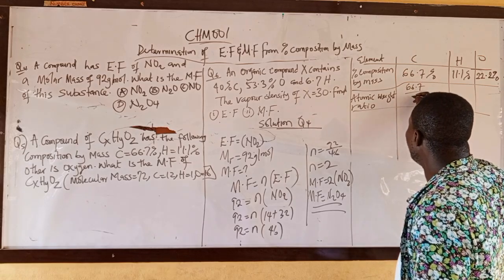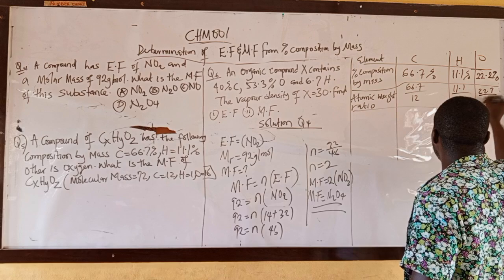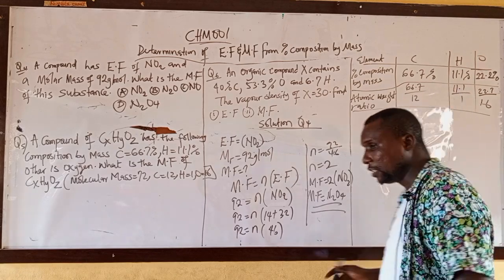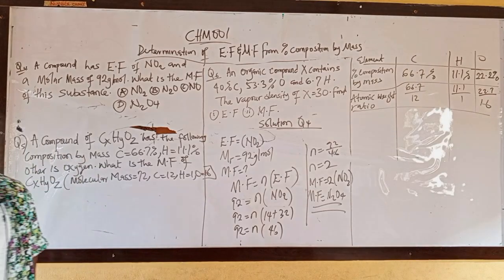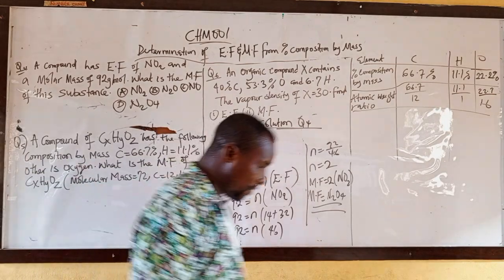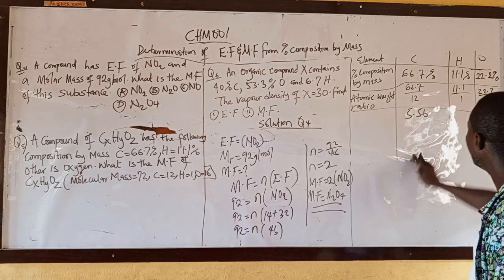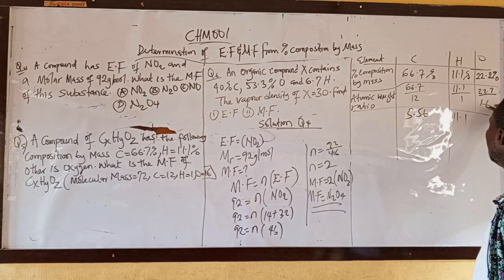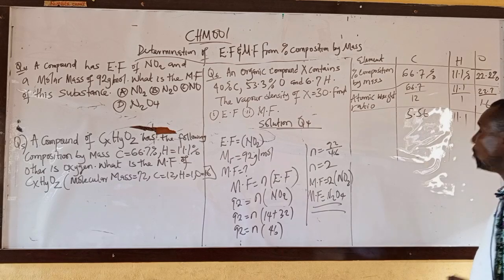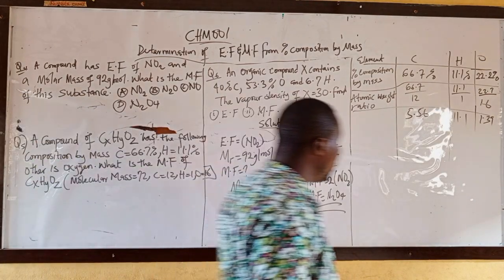You have 66.7 divided by the mass number of carbon, 12, 11.1 divided by 1, then 22.2 divided by 16. 66.7 divided by 12 will give you 5.56. This one, 11.1 divided by 1, will give you 11.1. And this one will give you 1.39, or 1.4.